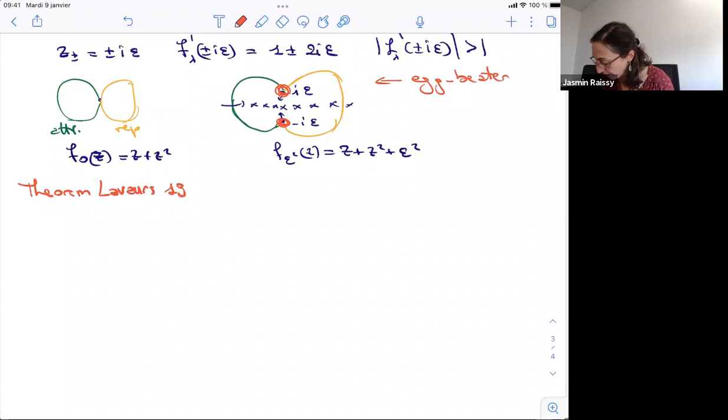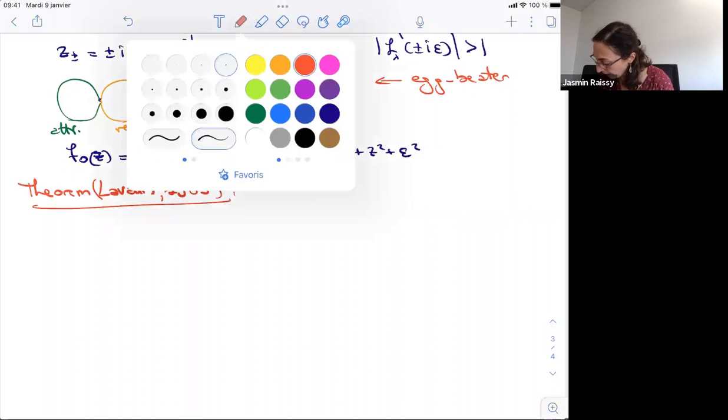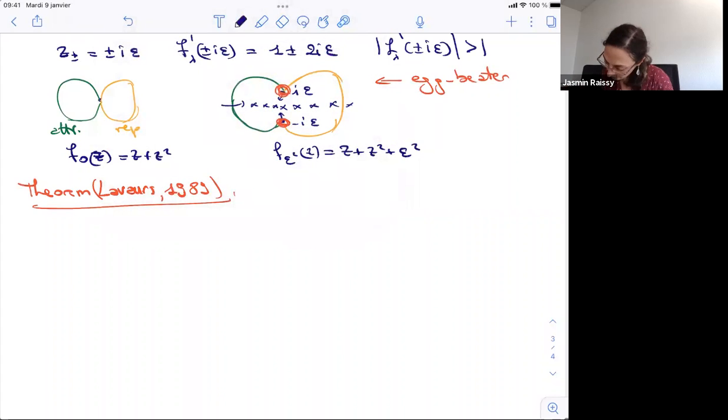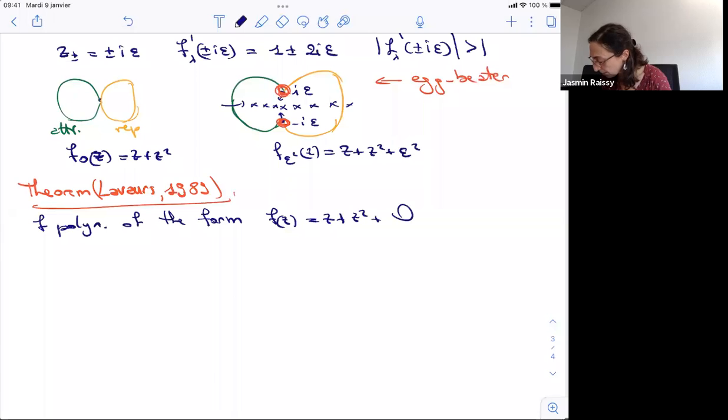And this was, I noted down, 1989. Well, so again, f is my polynomial of the form f of z is z plus z squared plus a higher-order term in z cubed. And you take m n. So m n is going to be the number of iterations that you're going to have. So this is a natural sequence tending to infinity.